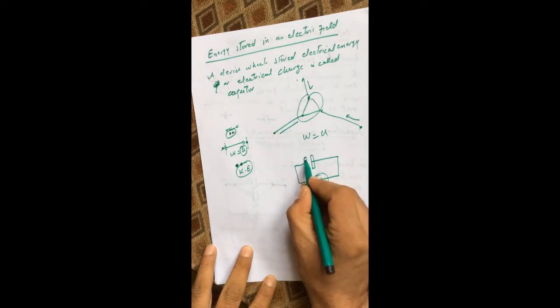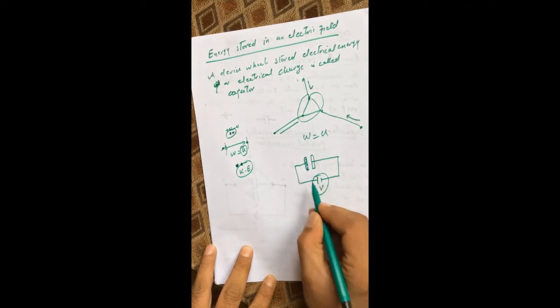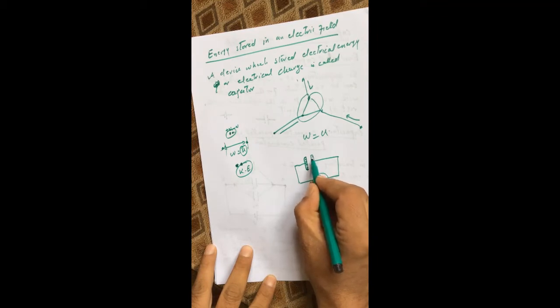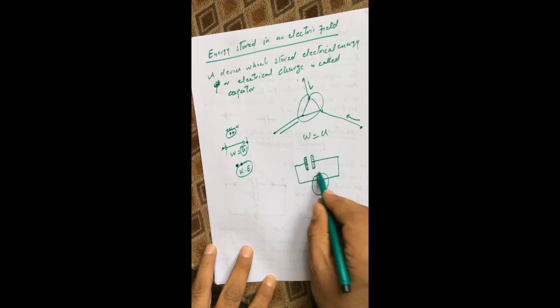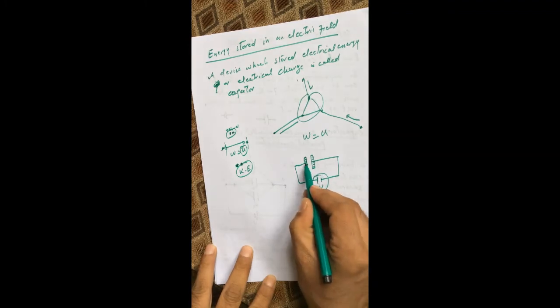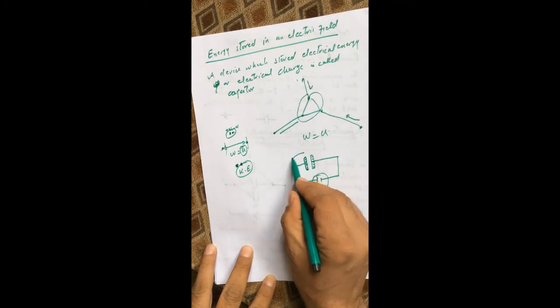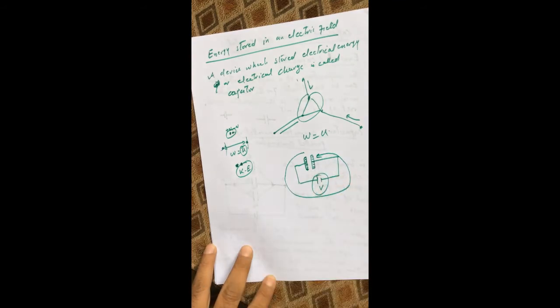So electrons go from this plate, so we have positive charge here, and electrons are stored on this plate, so we have negative charge on this one. So it means that this battery is doing work in moving charge from this plate to this plate.